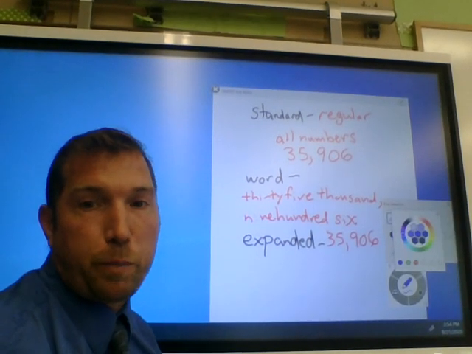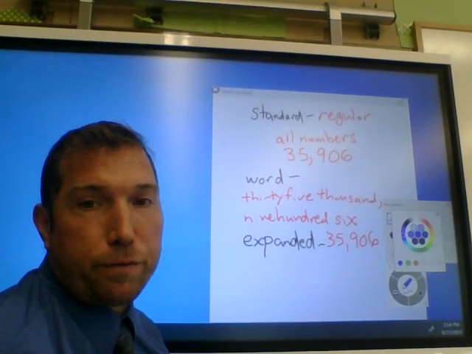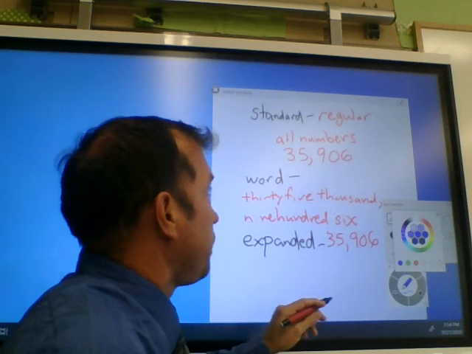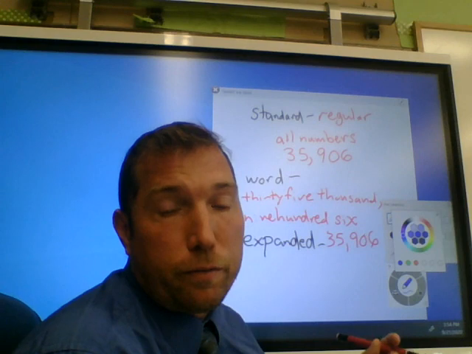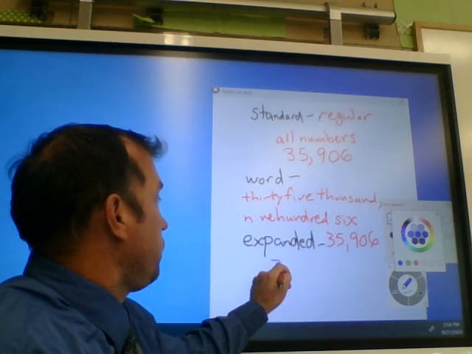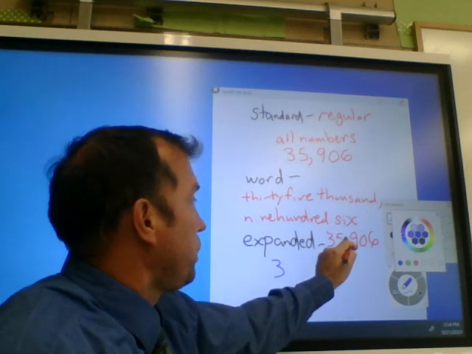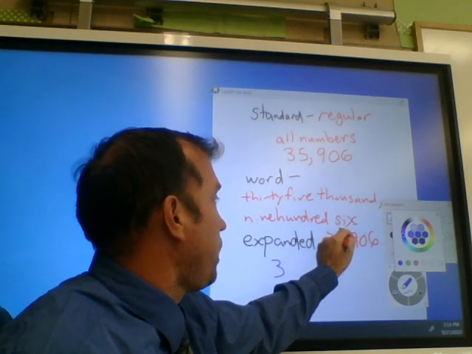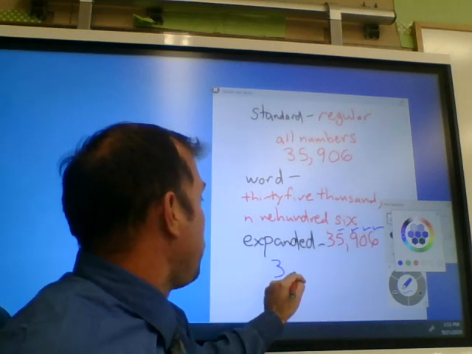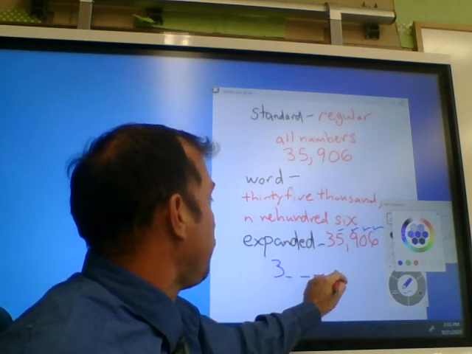Now with expanded form, I rewrote the number 35,906 below, and then I'll show you how to convert that to standard form. It's kind of like we were just doing with the value and the place and the digit. I know I have the number 3, then I have to count 1, 2, 3, 4 spots that come after it. So I know I need 1, 2, 3, 4 spots.